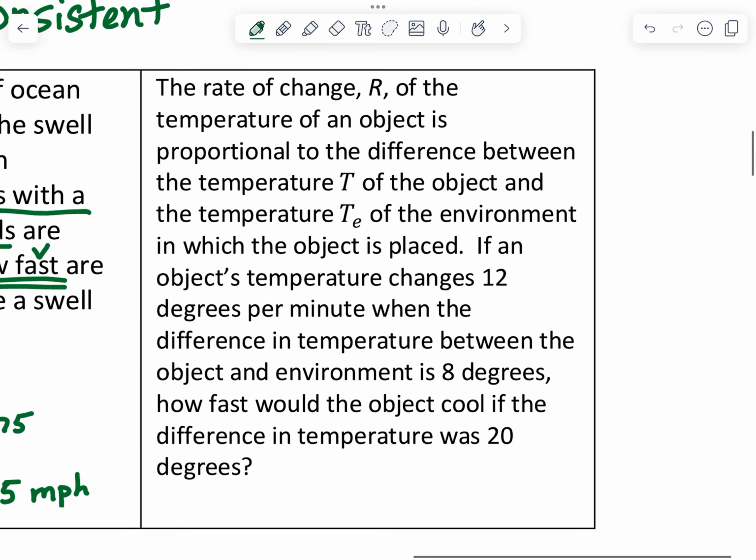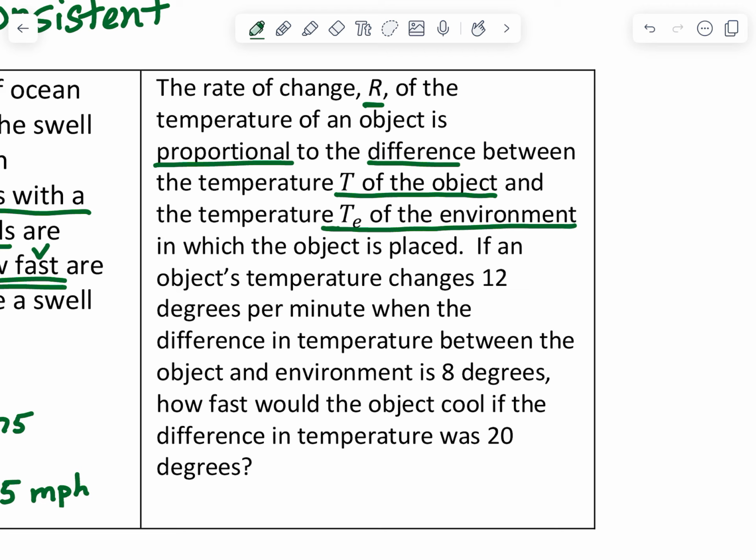Let's look at this last one here. The rate of change R of the temperature of an object is proportional. Remember, that's the same thing as saying directly proportional. R is directly proportional to the difference between the temperature of the object and the temperature of the environment. Whoa, the difference between them.